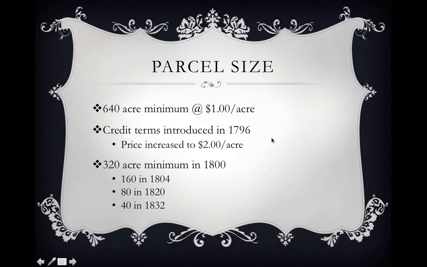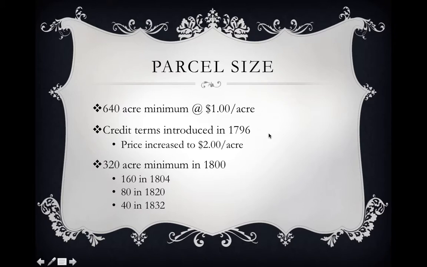So they would actually sell land on credit, which eased the burden of buying land, but then they increased the price to $2 an acre. So you can see that in one instance, they tried to ease the burden of purchasing land by providing credit to individuals, but then they doubled the price of land.